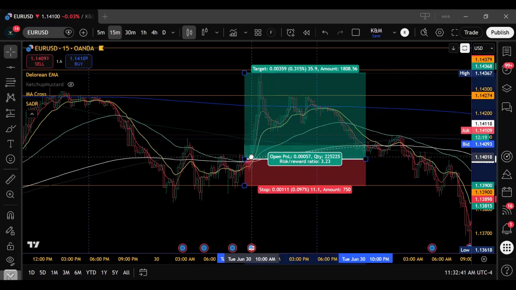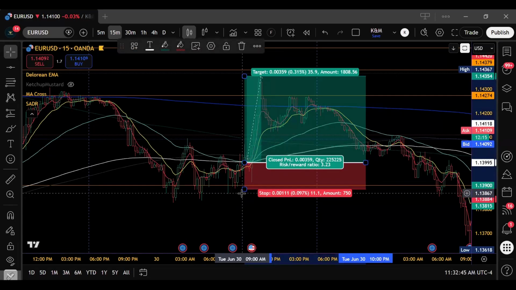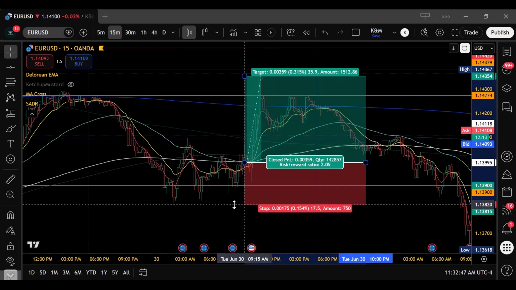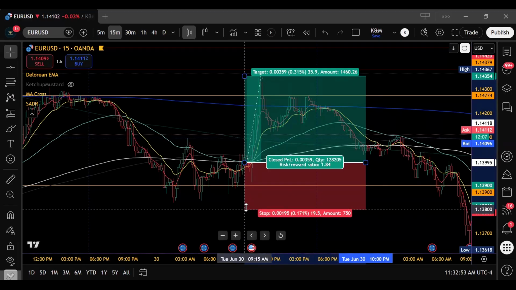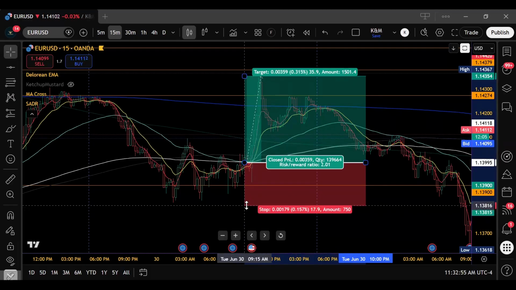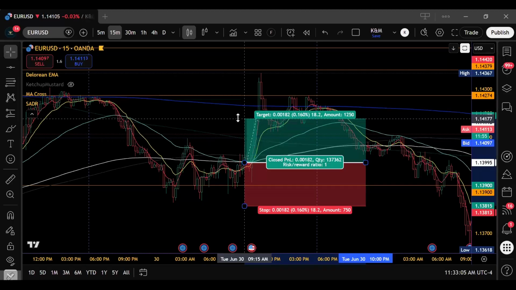So I go and I put my entry right there, and then I go find the bottom of this W right there, risking 17 and a half pips. We could just make it an even number and go to 18. And that means I can go for 18 pips, which is right here.